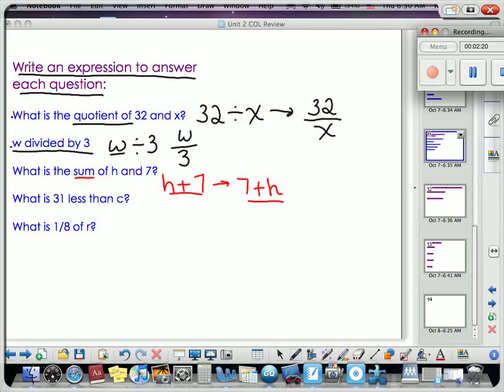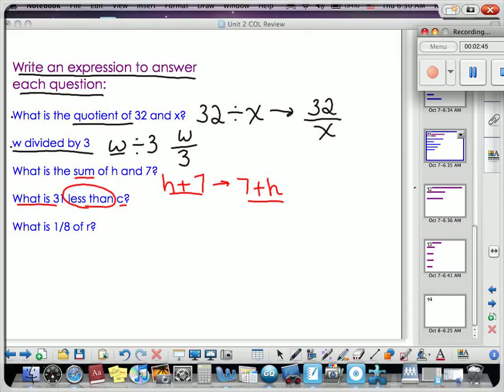The next one, what is 31 less than c? Well, less than is definitely a subtraction. I'm taking something away. So with this one, again, subtraction is not commutative, meaning you can't switch them. So you've got to put the number and the variable in the correct order.